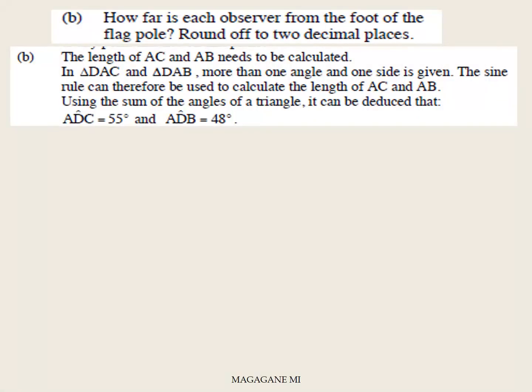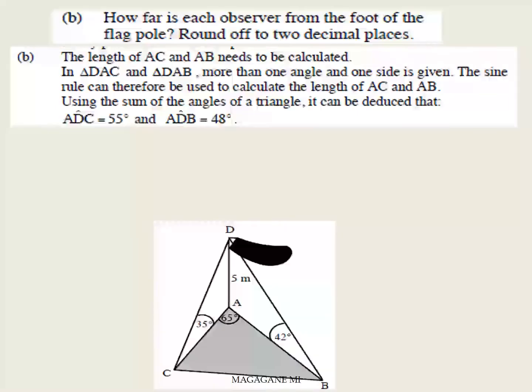Since triangle CAD is a right-angled triangle, and triangle BAD is a right-angled triangle, angle ADC equals 55 and angle ADB equals 48 using the sum of angles of a triangle. Therefore, to calculate side AC and side AB, we'll use sine rule since we have more than one angle and one side.